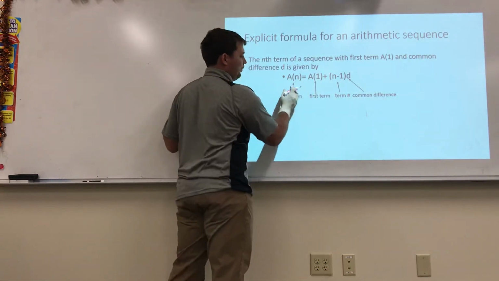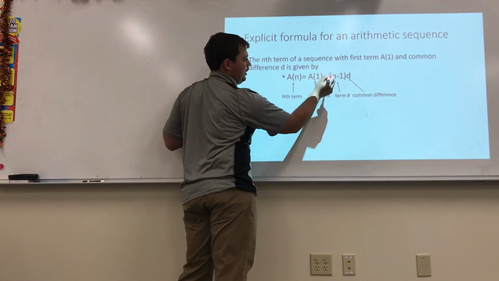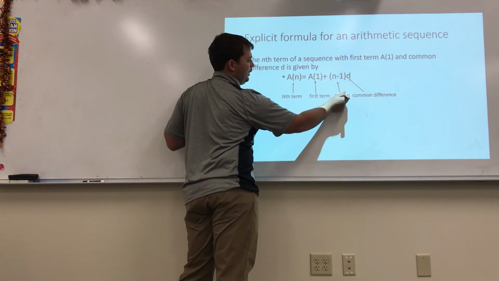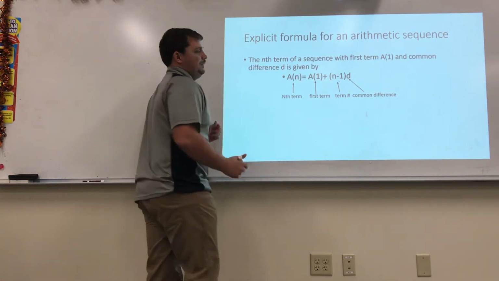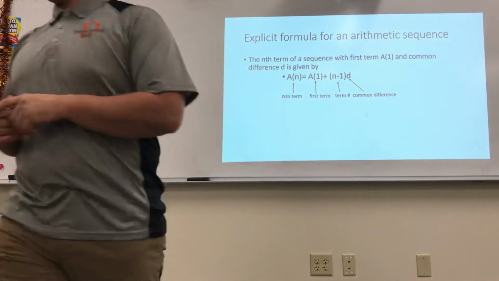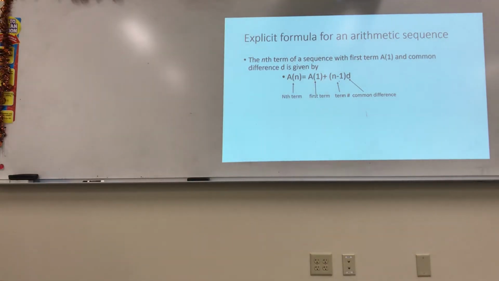So your nth term will equal this. You're going to do your first term plus your term minus 1 times d. Okay? Now, this might not make as much sense as you want it to, but we will plug in numbers and I think it'll make a little bit more sense.